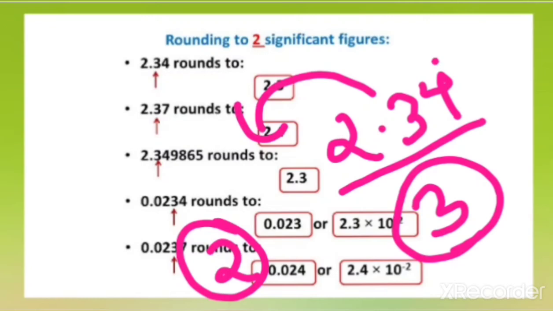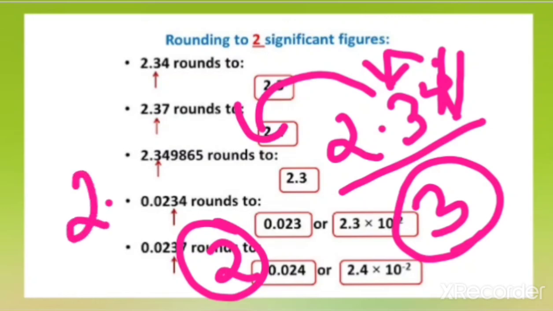So that means we have to remove this digit, and this digit is actually the number 4. So at the time, how we round off here, just check the next number. 4 is less than 5. That's why the next digit for that will be as it is. So what will be the value here? 2.3 as it is.